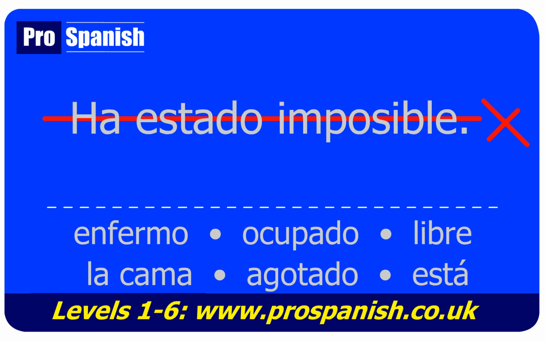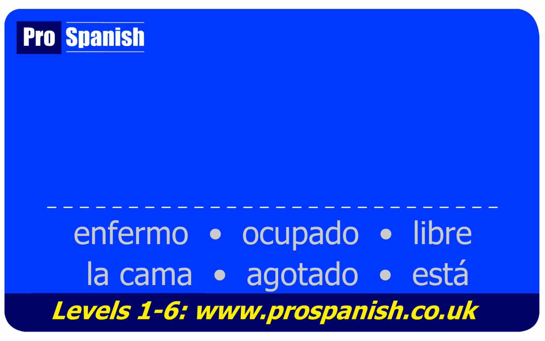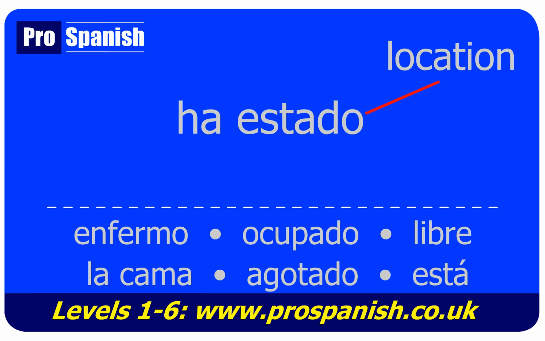If you're interested in the ins and outs of this, then search on the channel for the ser and estar video. But all we need to know for the moment is that ha estado, he, she, it has been, can only be used with where something has been. She has been in Spain. Ha estado en España.